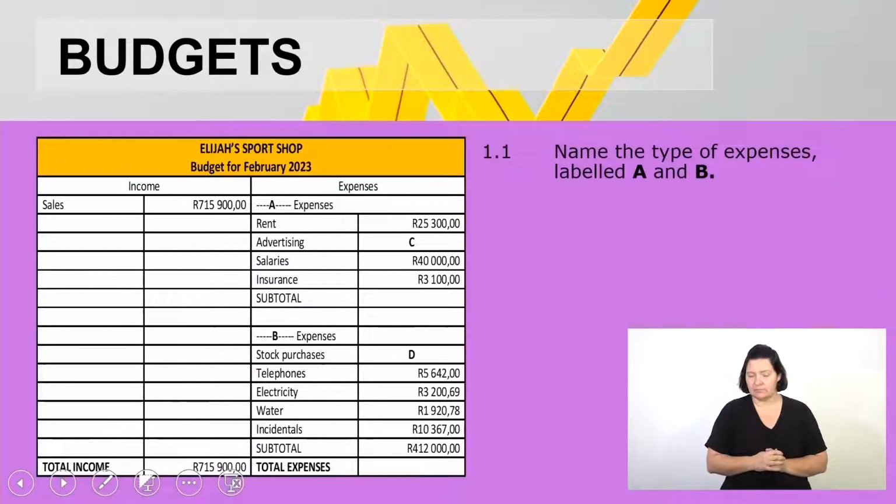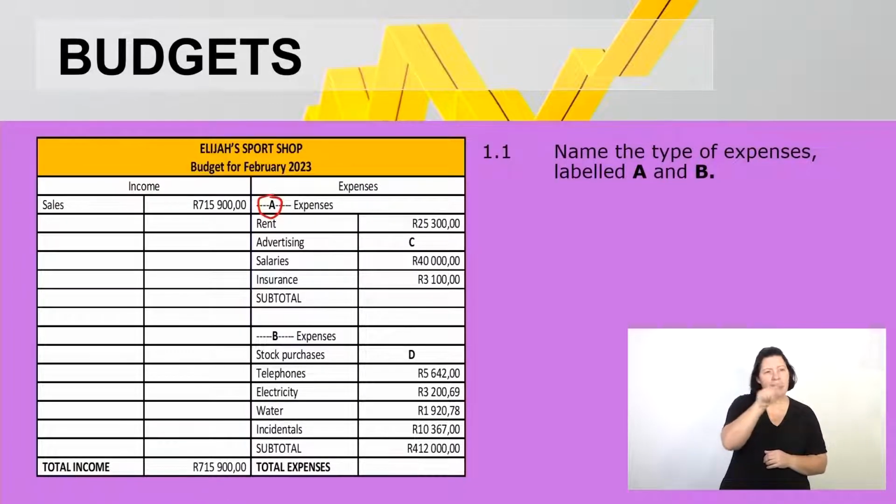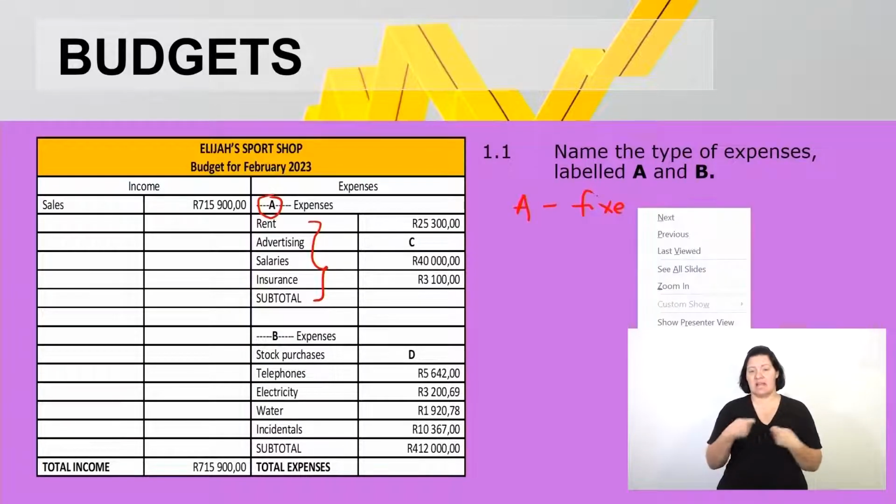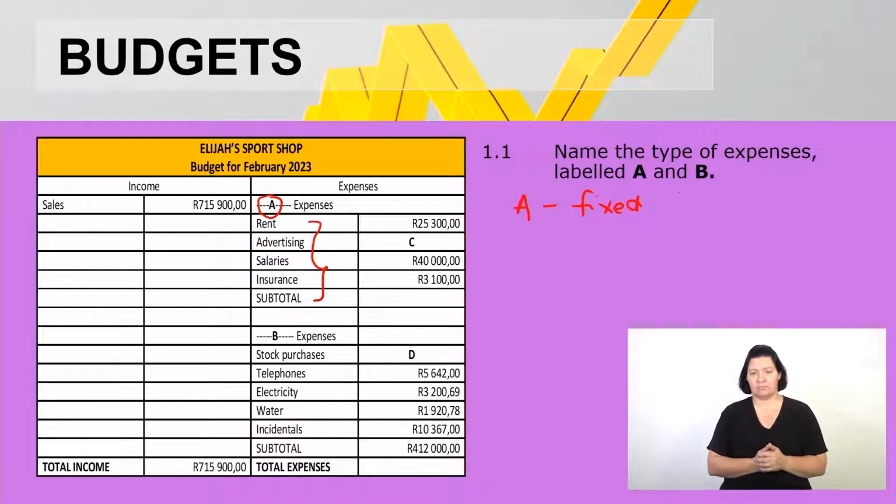It says, name the type of expenses labeled A and B. Looking at A, all the expenses listed here, we can see rent, advertising, and so on. That will be your fixed expenses. So I'll indicate A is all my fixed expenses.